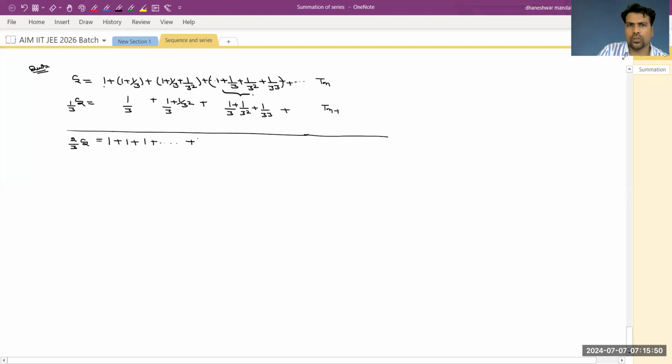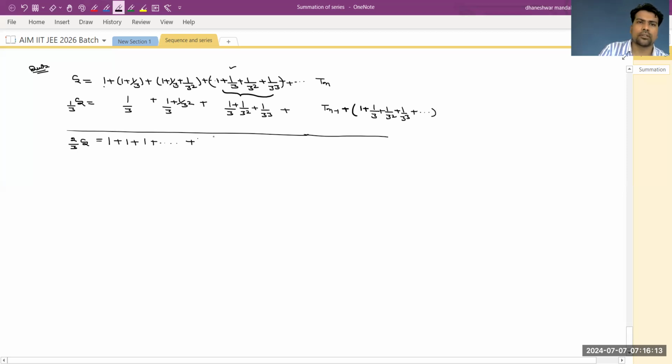See, this is also in GP. So the Tn term is nothing but 1 plus 1 by 3, 1 by 3 square, 1 by 3 cube is there. So this is the fourth term. Here we have four terms, it means in another case we have n terms.